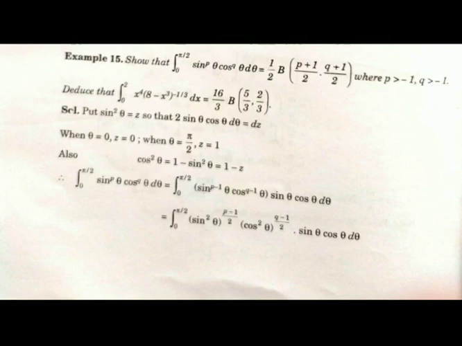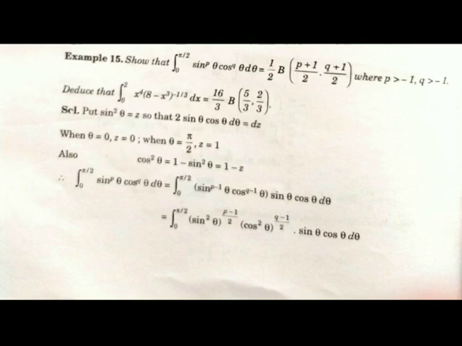Now we have to find the 1 minus z value because the beta function is in the form of x, 1 minus x, dx. We know z is sin square theta, so 1 minus sin square theta is once again cos square theta. We get all values.